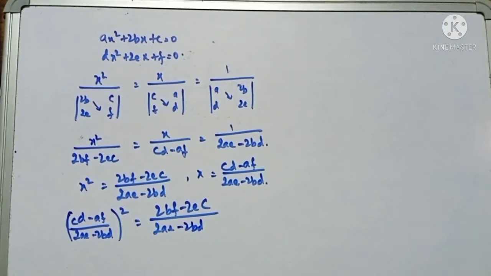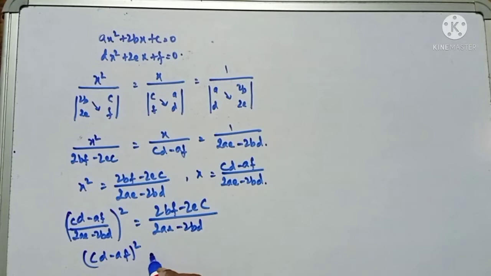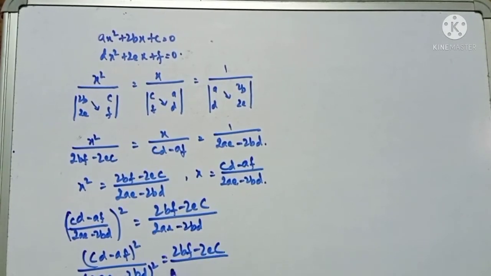Now I am going to solve it. That is cd minus af the whole square over 2ae minus 2bd the whole square, equal to 2bf minus 2ec by 2ae minus 2bd.